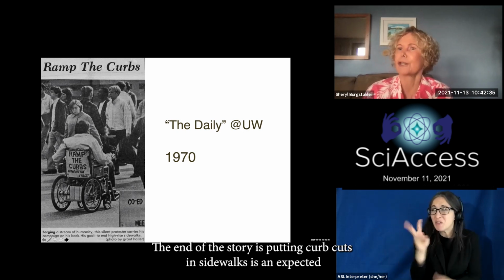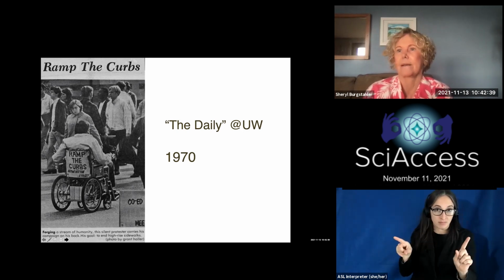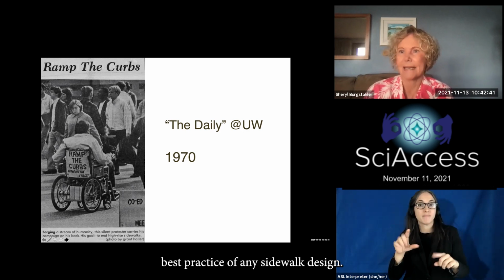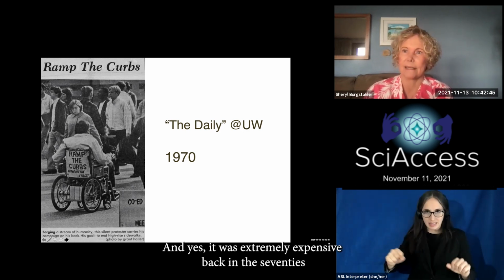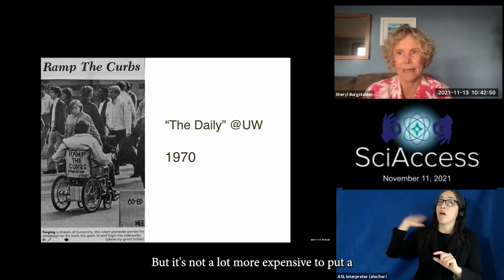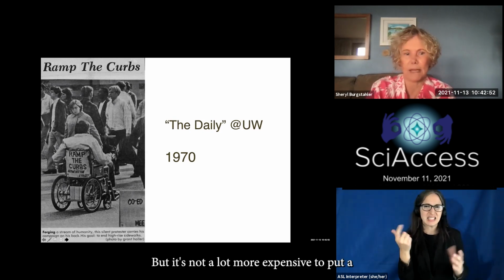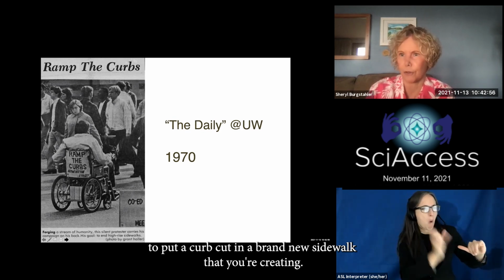As we all know, the end of the story is putting curb cuts in sidewalks is an expected best practice of any sidewalk design. And yes, it was extremely expensive back in the 70s to put curb cuts in old sidewalks, but it's not a lot more expensive to put a curb cut in a brand new sidewalk that you're creating.